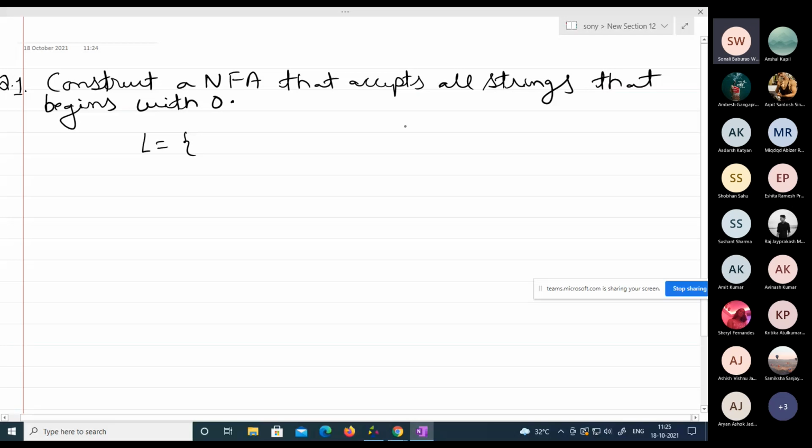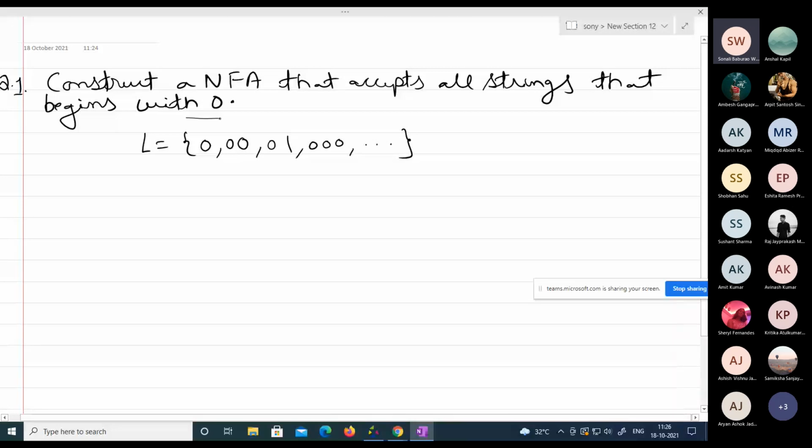What will be my language over here? Construct an NFA that accepts all strings that begin with 0. So the string 0 will be accepted, the string 00 will also be accepted, 01 is also acceptable, then 000 and so on. This is my infinite set. The condition is that it should begin with 0.